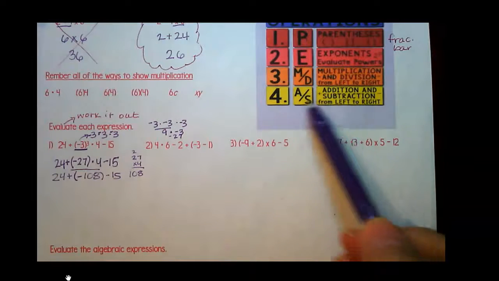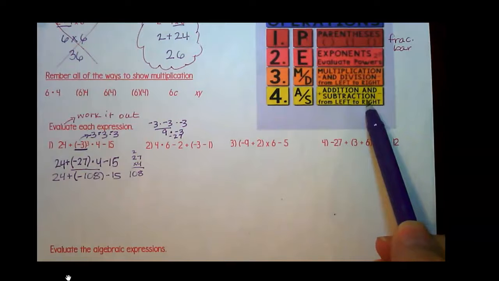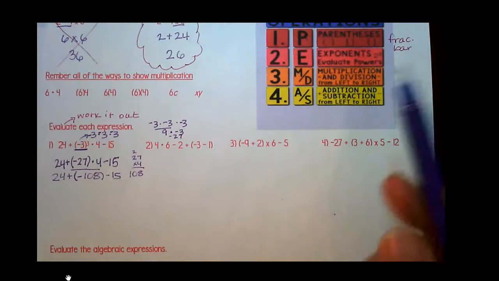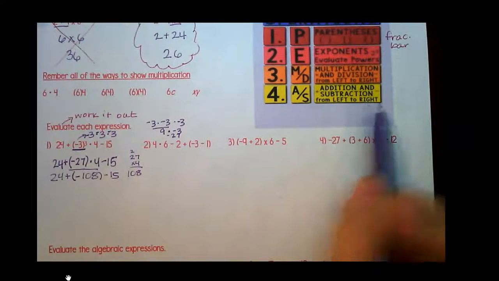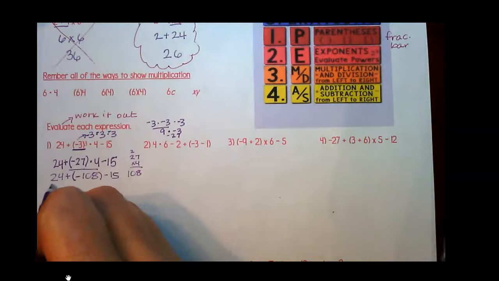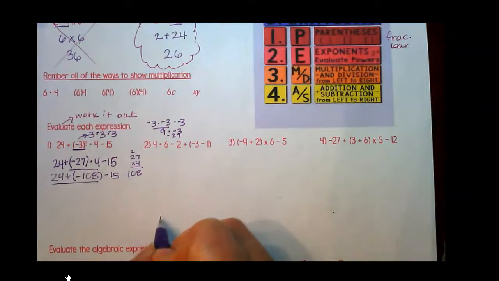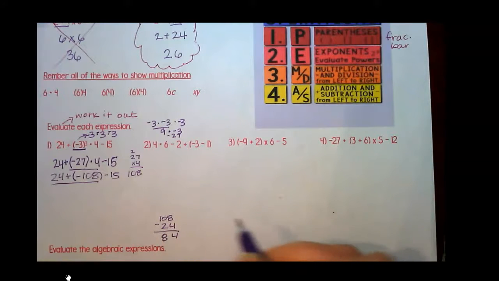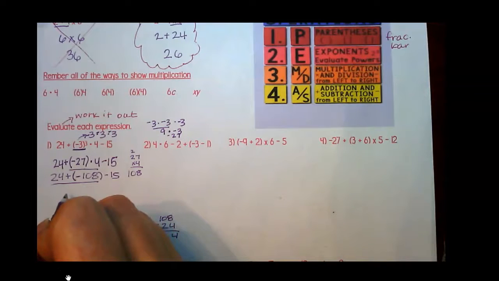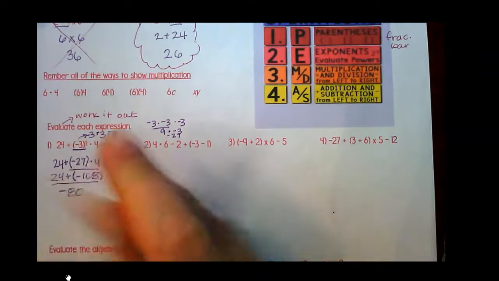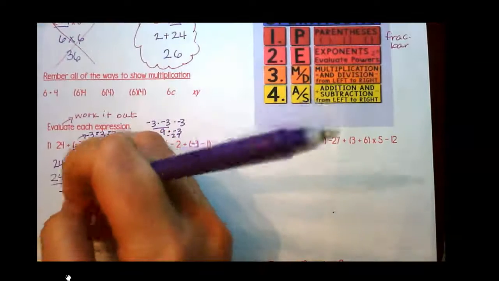No division. Step 4, we have addition, subtraction. Well, we have both. So you go from left to right, just like you read. So we're going to do 24 minus 108. So that would be 4 and 84 would be a negative, because the sign of the higher absolute value is what you take.